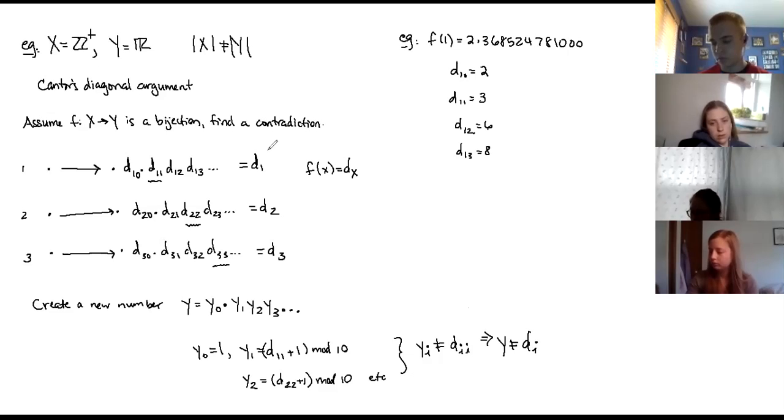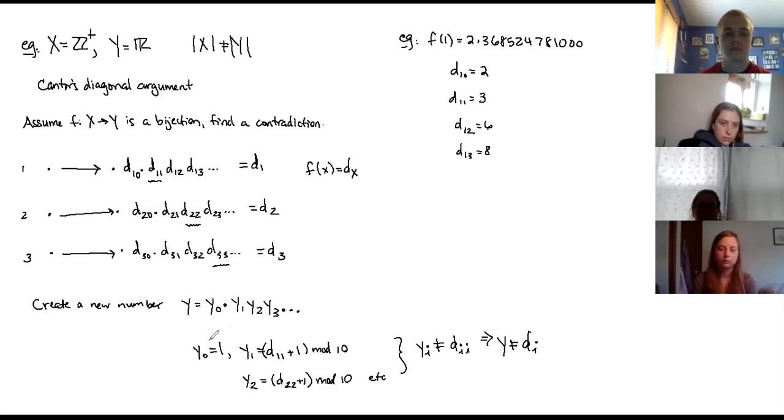It's not equal to d1 because it's different in the first place after the decimal point. Y and d1 are not the same. Y and d2 are not the same because the second place after the decimal point is different. Y and d3 are not the same because the third place after the decimal point is different.